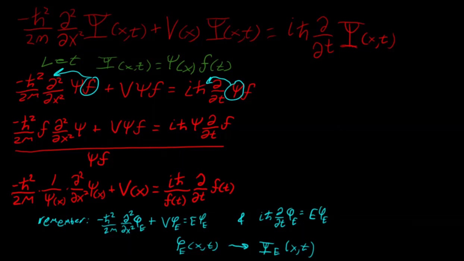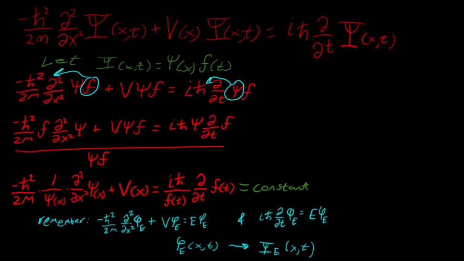But what happens if I just change x a little bit? If I change x but don't change t, the right side will not change, but the left side could change. Same thing if I just change t and don't change x: the right side would change and the left side wouldn't. The only way for this to work is if both sides are equal to a constant.